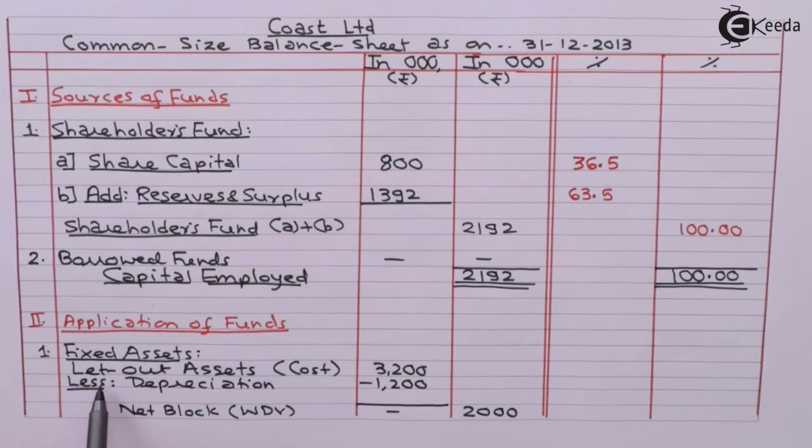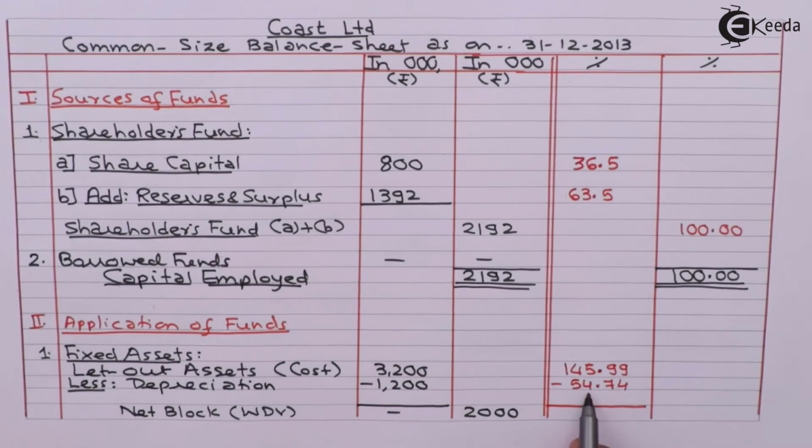Fixed assets, let out assets cost, that is gross block 3,200,000 divided by 2,192,000 multiplied by 100. Hundred and 45.99%. Less depreciation 1,200,000, it is 54.74%.